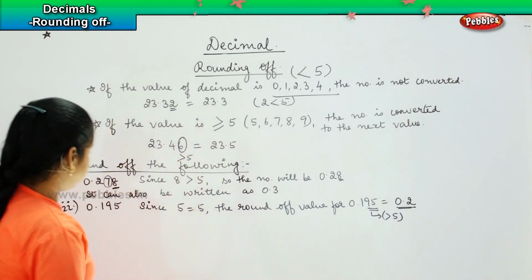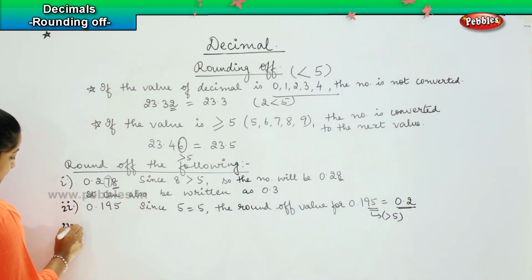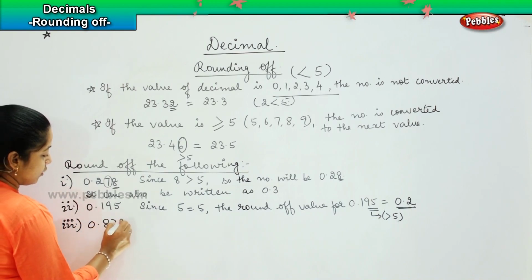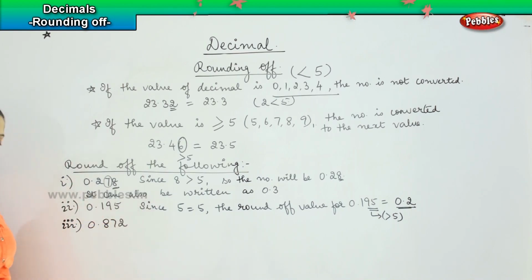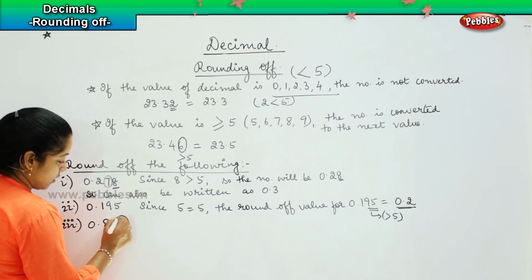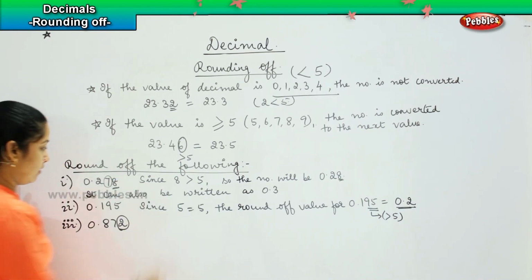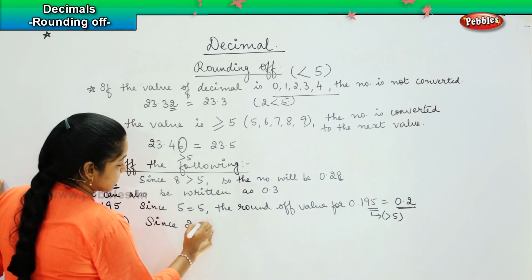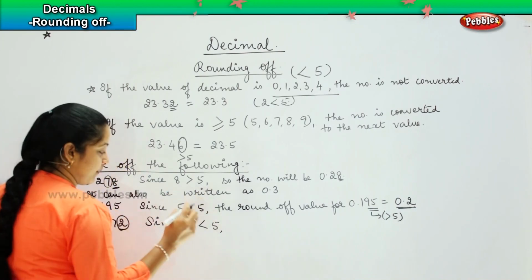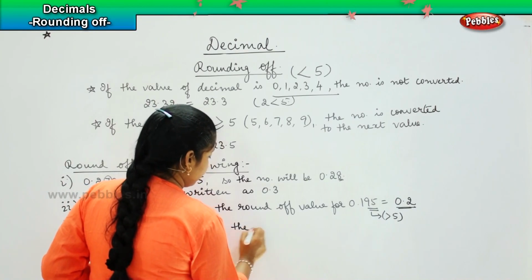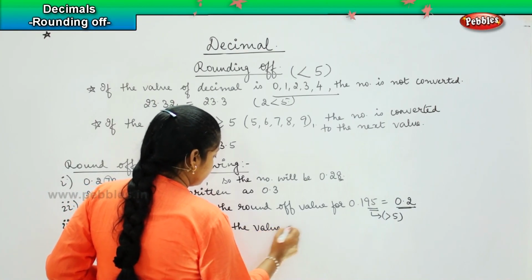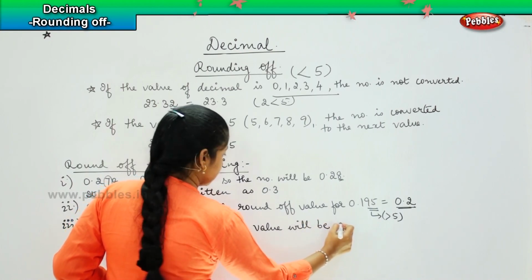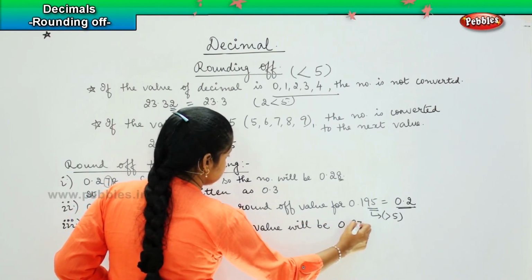The question says 0.872. You have to see the last value. Now this value is 2. So you will write it as, since 2 is less than 5, the value will be 0.87.